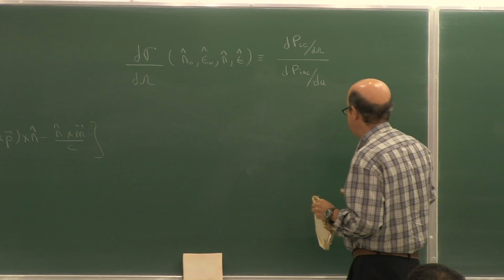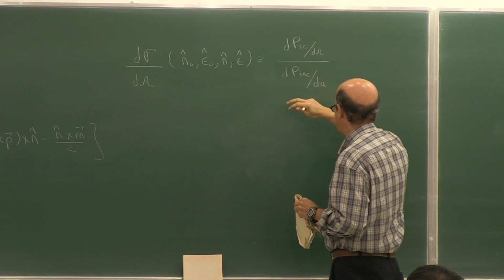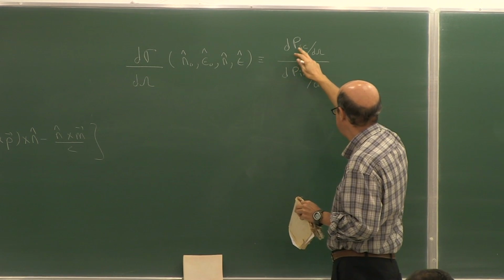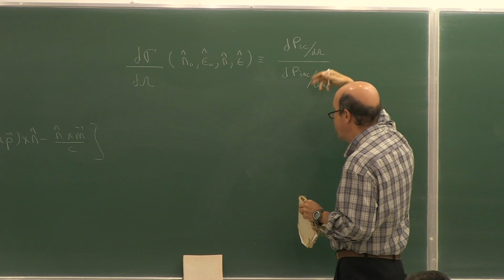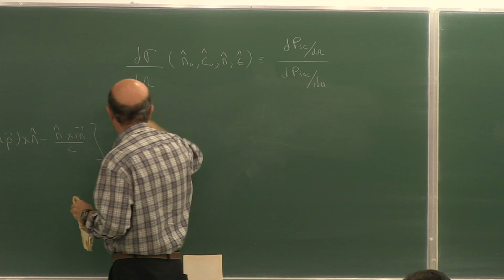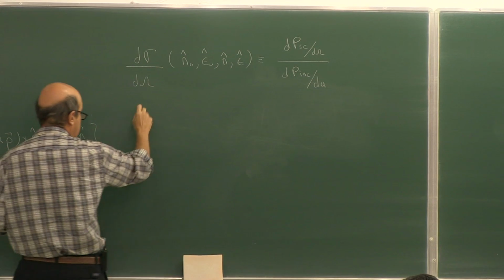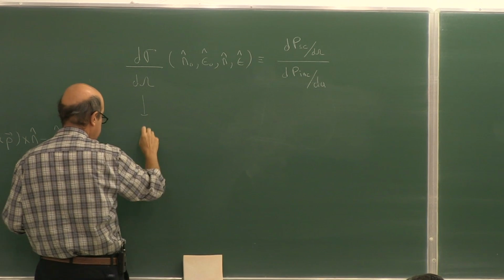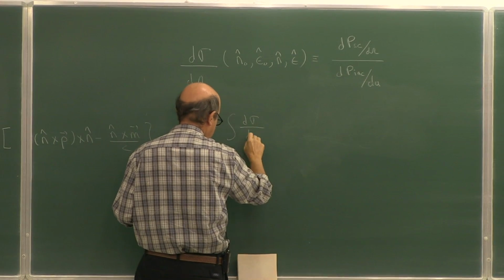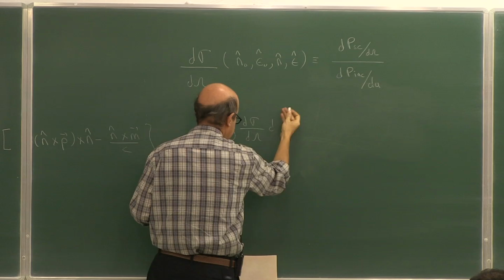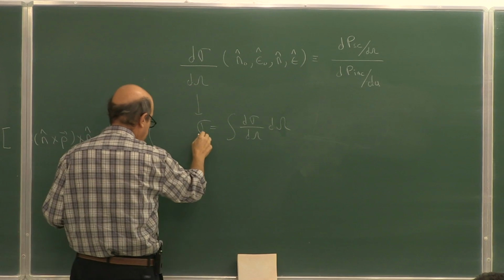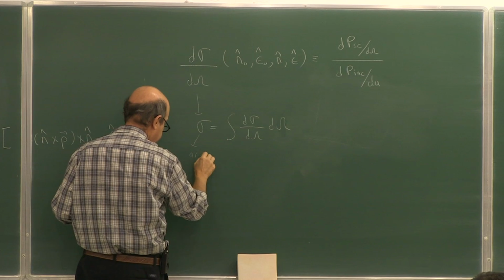If you look at the units, this is power per solid angle, this is power per area, so the power terms cancel out, and you get a unit of area per solid angle. If you want to calculate the total scattering cross section, that will be the integral of the scattering cross section per solid angle over all solid angles, and the unit will be area.